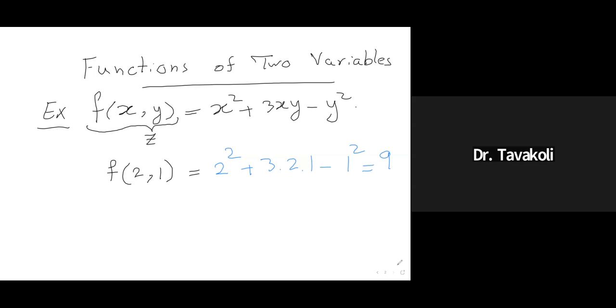Like in Calc 1 or 2, we had, for instance, y equals f of x. Y was a function of x. But when we have two independent variables, z is a function of x and y.